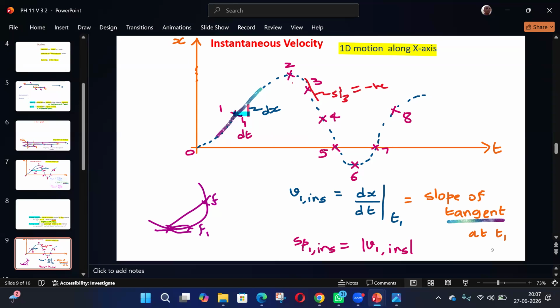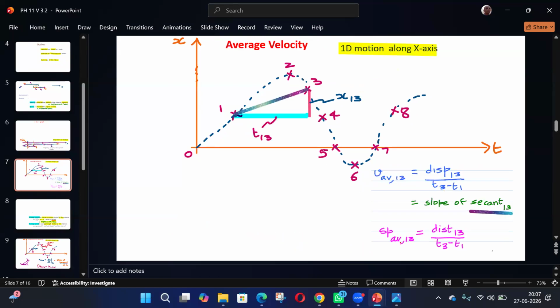So for example, velocity could be minus 20 kilometers per hour or, say, meters per second. Speed will be just 20. So instantaneous speed is defined as the magnitude of the instantaneous velocity. But while doing average, it's not just the magnitude of the distance between points 1 and 3.